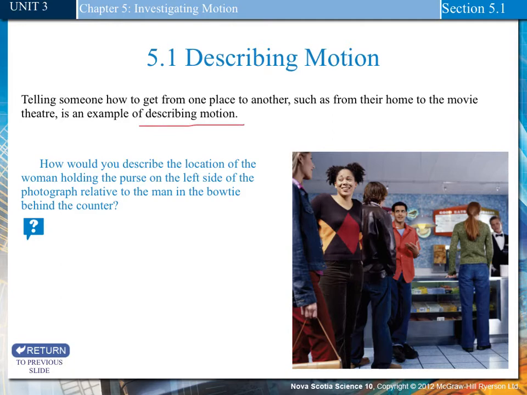Question: how would you describe the location of the woman holding the purse on the left side of the photograph relative to the man in the bow tie behind the counter? Think about it. Well, one could say she is in front of him.